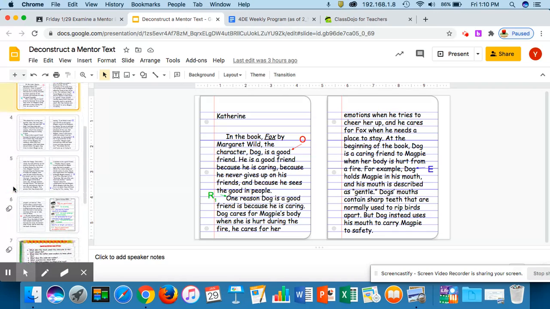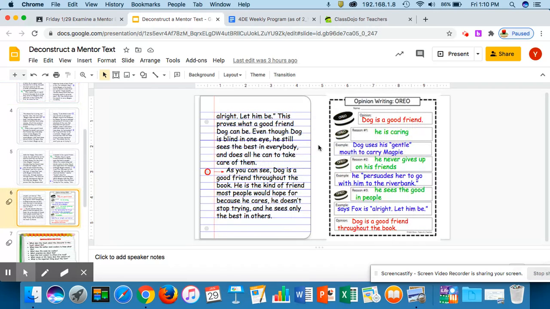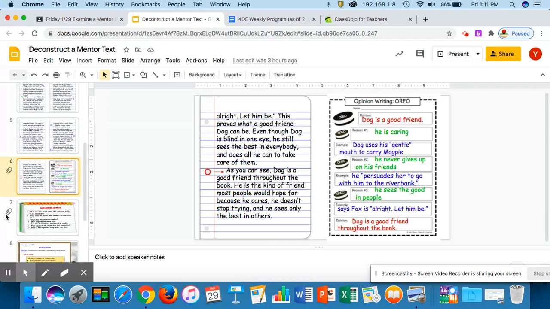So we looked at the Oreo chart and we figured out from the way that her essay was written what her Oreo chart probably looks like, because the way that she wrote it, it's easy for us to follow it and understand.